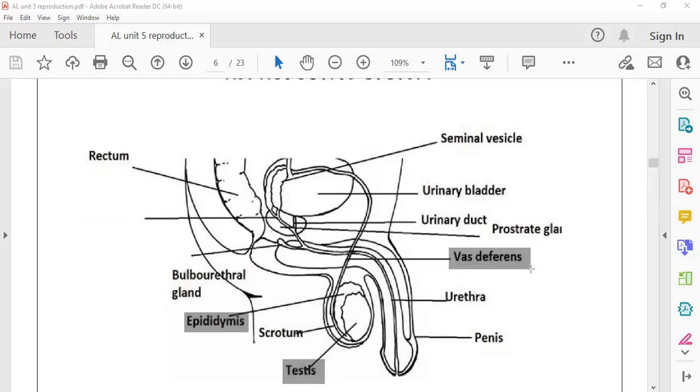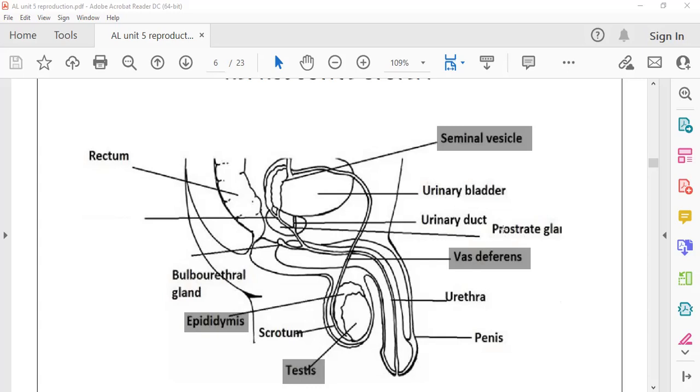In a male, there will be two testes, two epididymis, two vas deferens. This vas deferens travels and finally joins this unit, which is a part of the male reproductive system, the seminal vesicle.